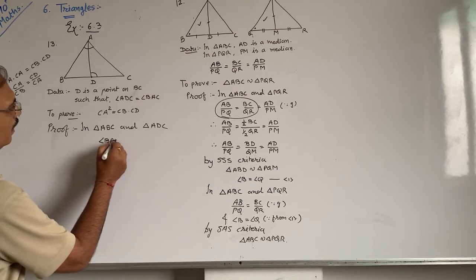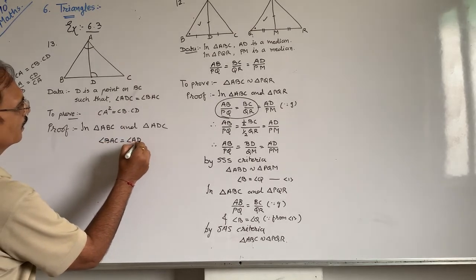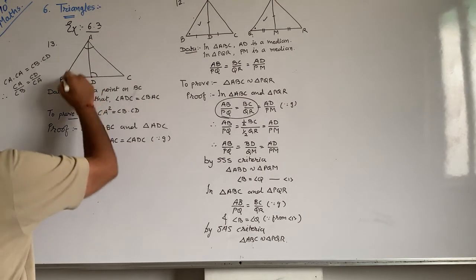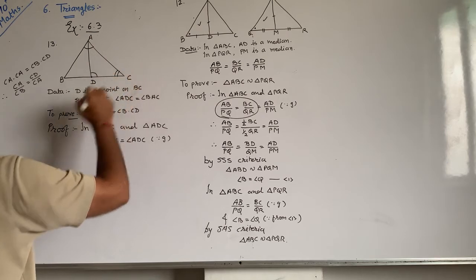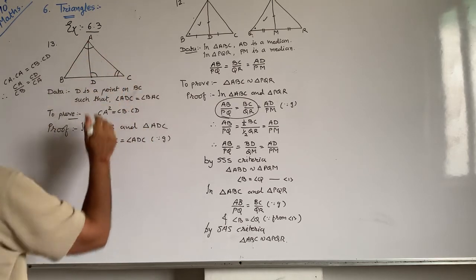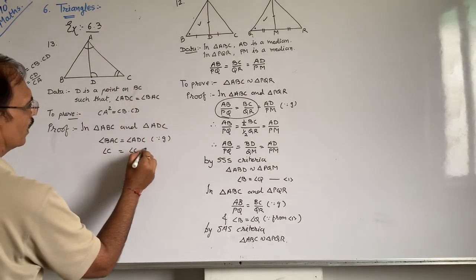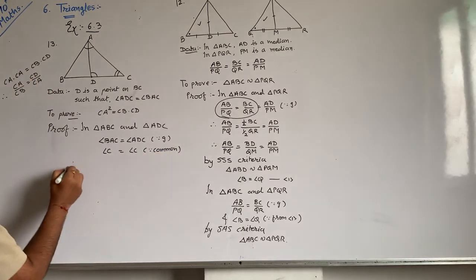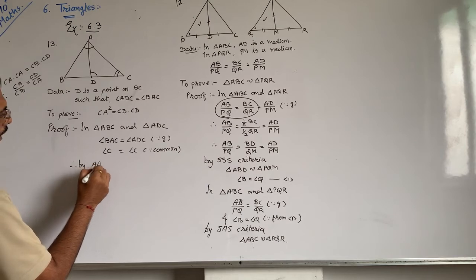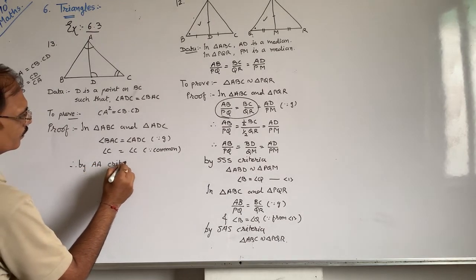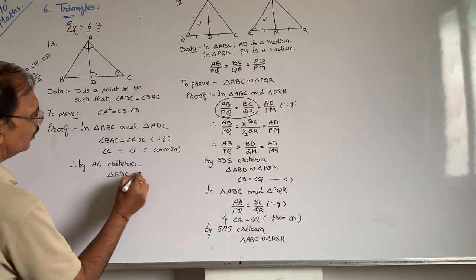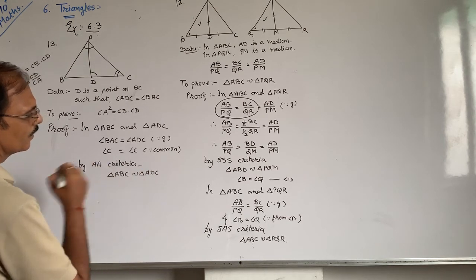Angle BAC equals angle ADC, given. Find out the other angle which is common. In ABC, this angle is common, and in ADC, this angle is common. I can write angle C equals angle C, which is the common angle. So by AA criteria, triangle ABC is similar to triangle ADC.